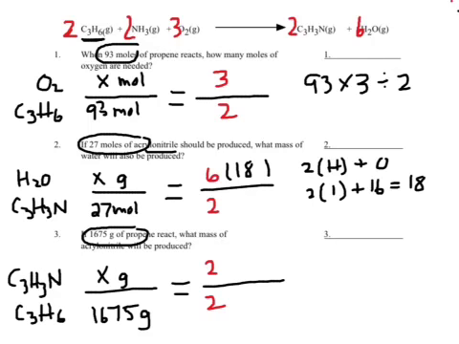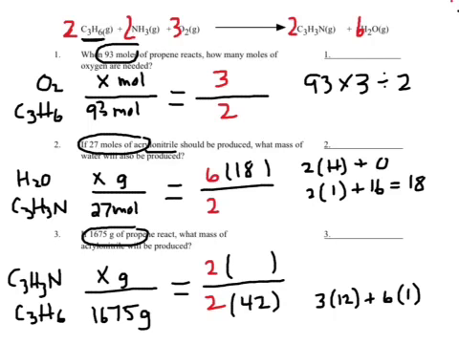And now, since both of these are in grams, in parentheses, we're going to have to put in the molar masses off the periodic table. So propene is going to be 3 times carbon's mass, which is 12 on the periodic table, plus 6 times hydrogen's mass, which is 1, and that's going to be 42.